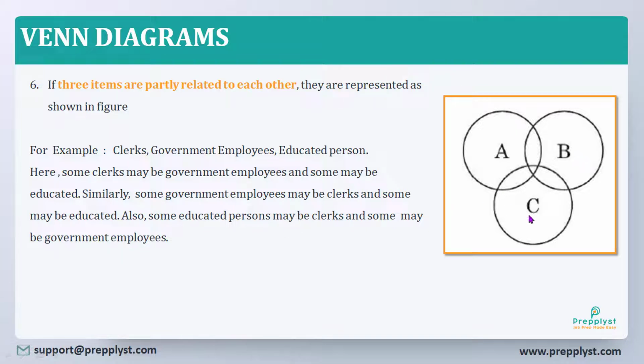So there's always a possibility. So there could be some educated people who are not government employees and not clerks. That is why there's always a portion in all the three circles which is independent, and there is a lot of overlapping portion, and this, as you can see, is common in all the three, the portion where the educated person is a government employee and is a clerk. So that's how you represent where they're partly related to each other.